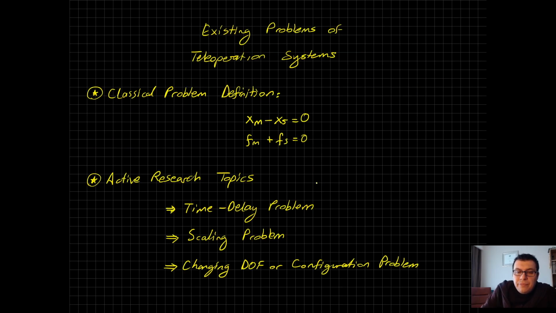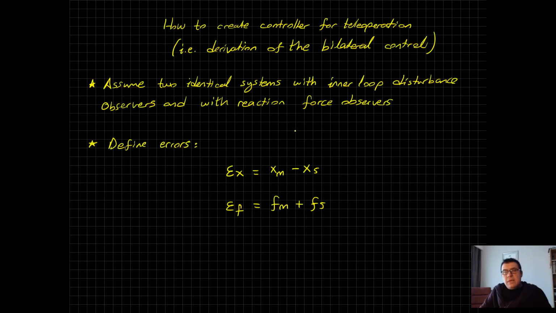So simply we gave these two objectives as the errors of the system, and of course our controller will at the end of the day try to move these errors to zero, either in finite time or in an exponentially decaying way. And once we have zero error for those two errors, we'll be satisfied with the goals of the bilateral control system.